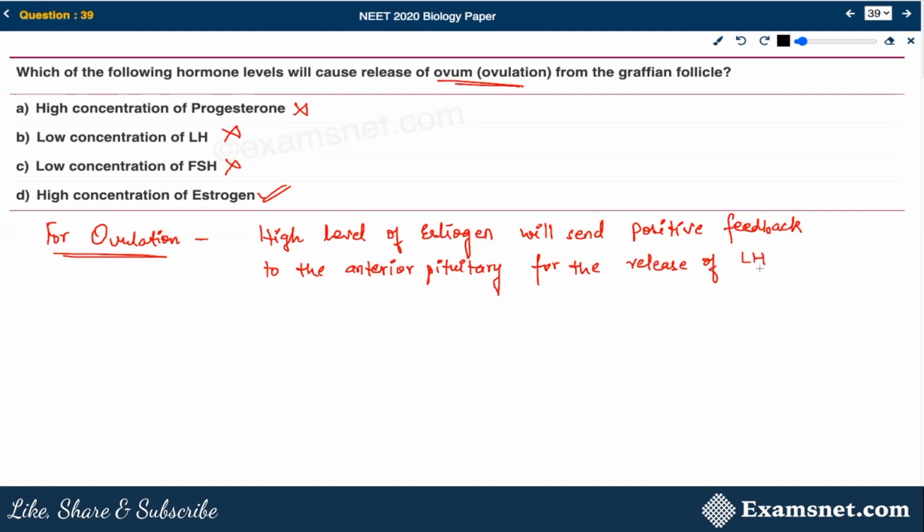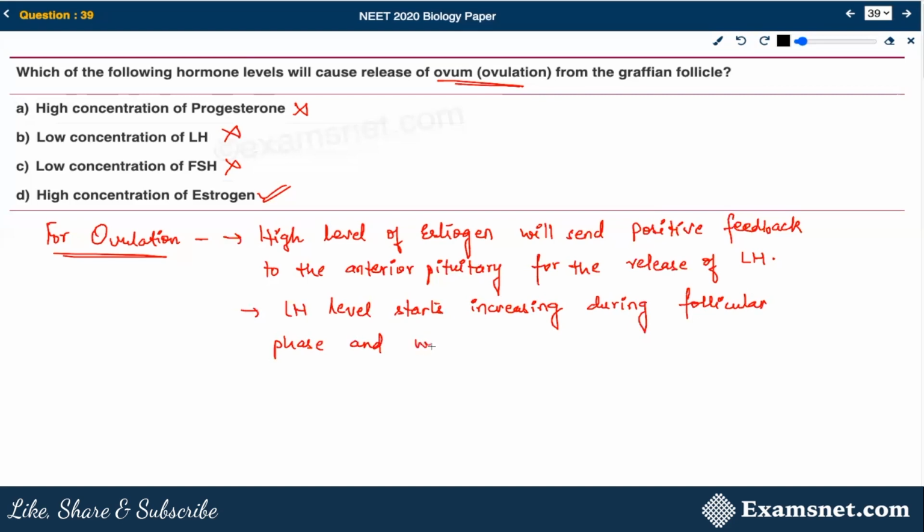Once the LH hormone is increased, its level starts increasing during the follicular phase and attains a peak during the mid-cycle, the middle of the menstrual cycle.